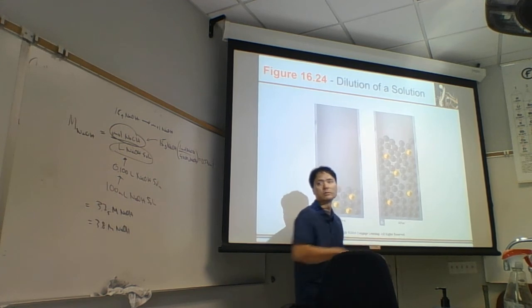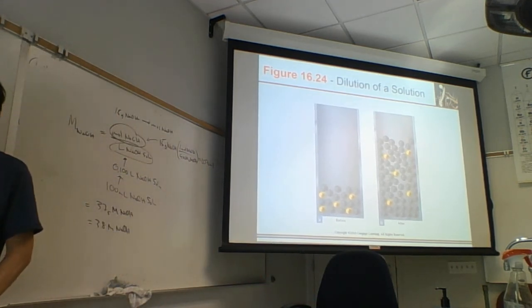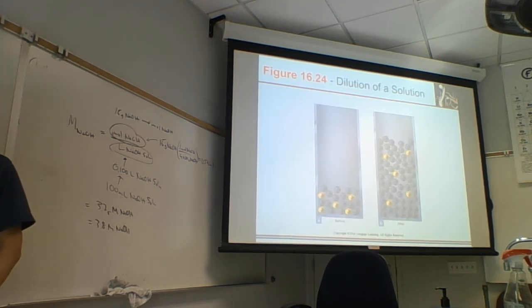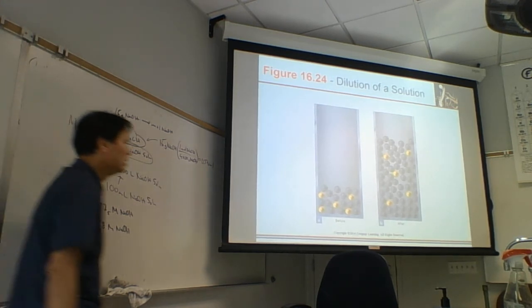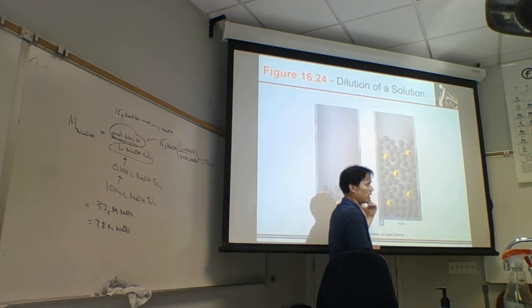One part being diluted to 3 parts gives us a dilution factor of 1/3. The dilution factor of 1/3 means the concentration should be 1/3 the original concentration. Whatever this concentration is, I expect this concentration to be 1/3 that. This is a 1-to-3 dilution.